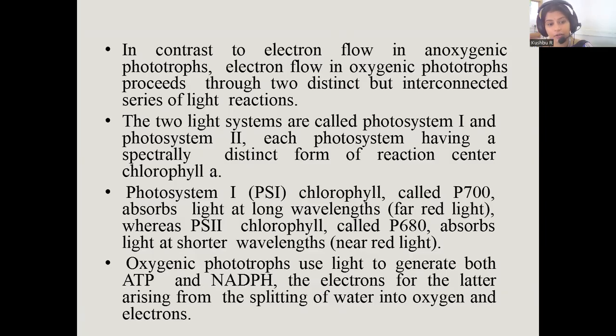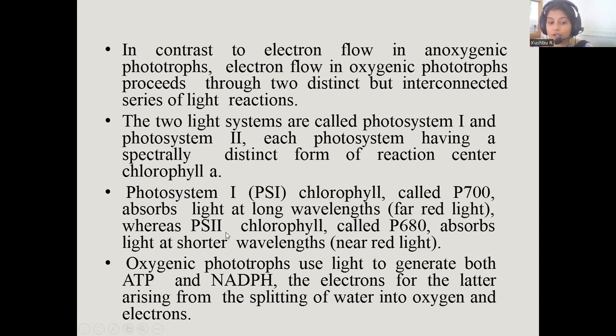So during the light dependent reaction, there are specialized systems which enable you to trap sunlight of particular wavelengths. For that we have photosystem 1 and photosystem 2. Photosystem 1, or PS1, is believed to be P700, and absorbs far red light.